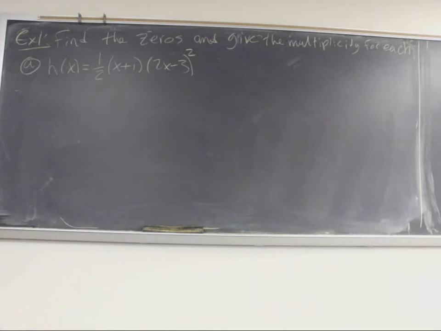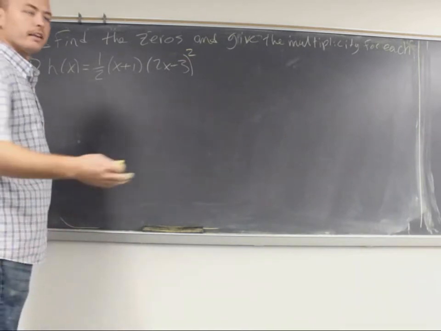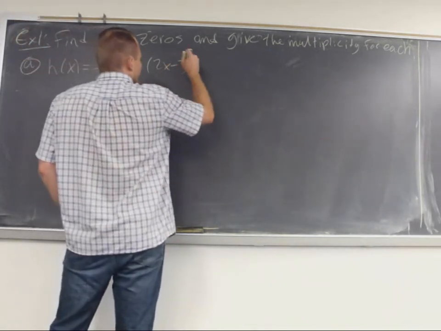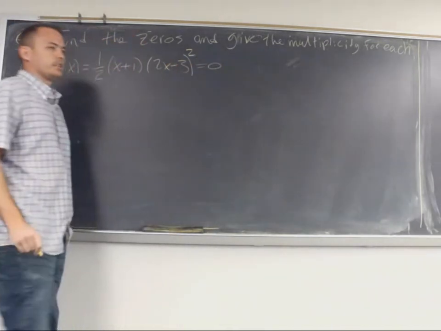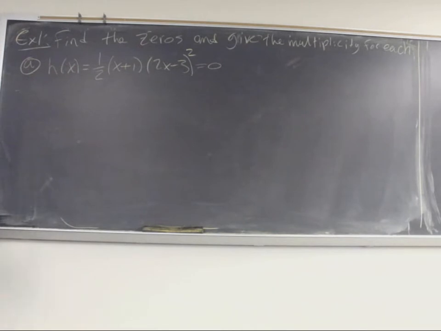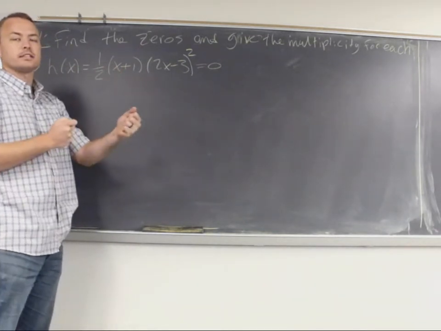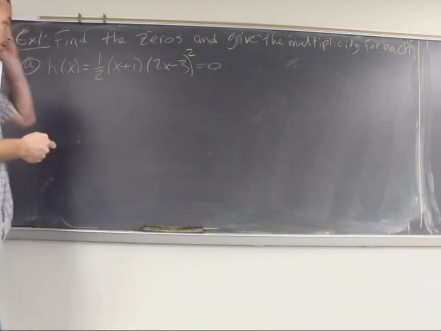All right, so we first need to find the zeros before we can find multiplicity. We first have to determine our zeros, and then we can determine what our multiplicity is. So when we find zeros, we have to set it equal to 0. And lucky for us, this is already factored into this form. So all we have to do is separate these and set them separately equal to 0.